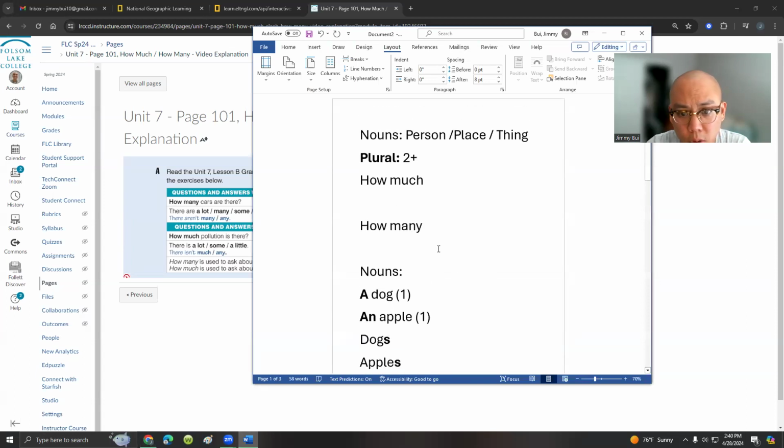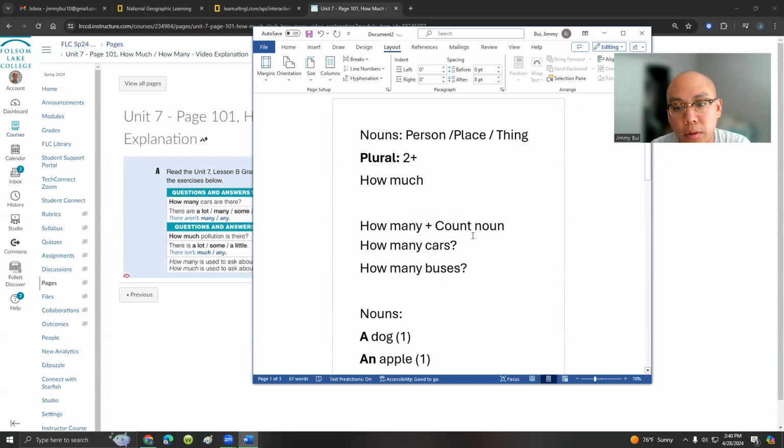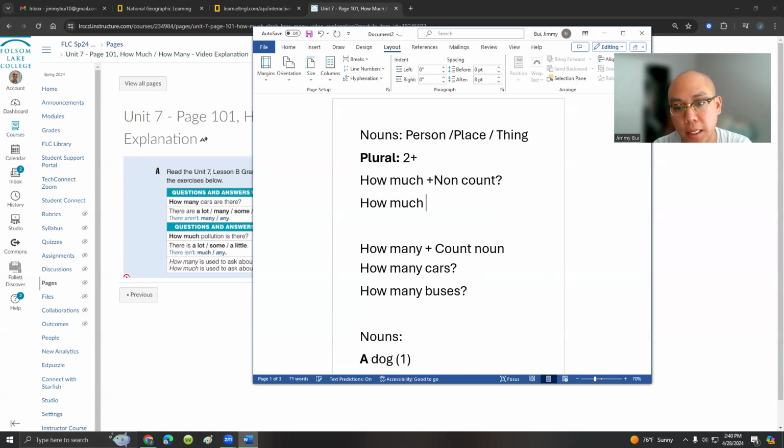So in question form, how many plus count noun, right? So how many, and in this case, you're going to have an S. How many cars, right? How many buses? We only use it for a plural form. How much plus non-count noun? Same thing. How much gas?